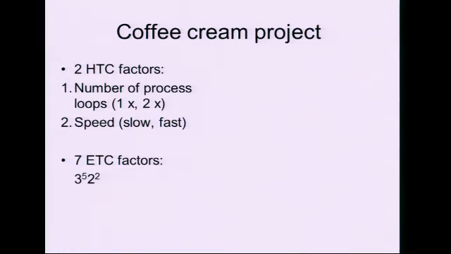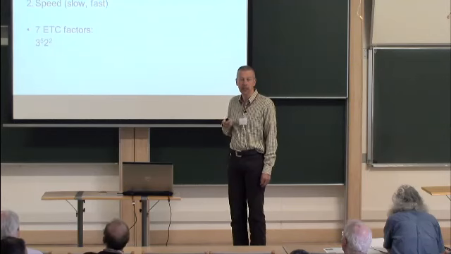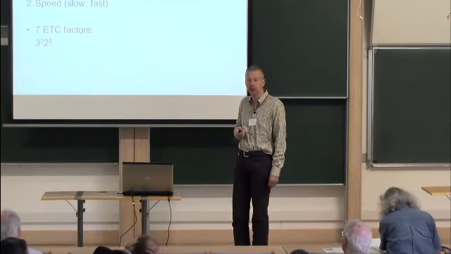The one time loop is just 1 series of loops and pipes, and the 2 times loop needs a disruption of the piping, the insertion of extra length of pipes and then restart of the process. So this is really hard to change, and the people don't want to do that very often. The speed factor is also a hard to change factor, and we will look more closely into that factor later on.